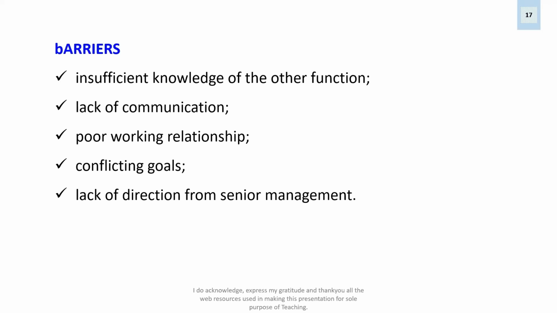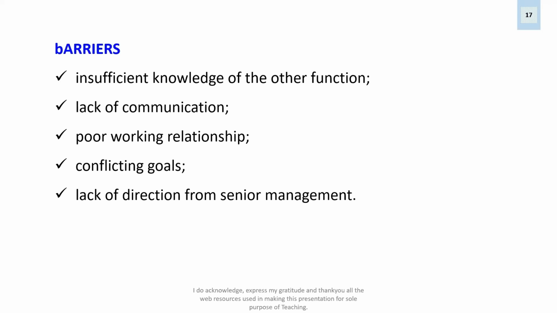Lack of direction from senior management. So if the senior management directions are not there, they are the limitations of supply chain. And the most important thing is when the supply chain management is implemented to that scale, the clear direction from senior management plays a very important role.